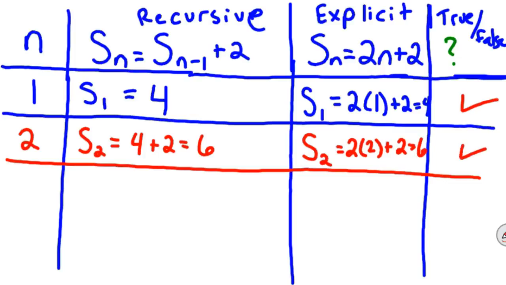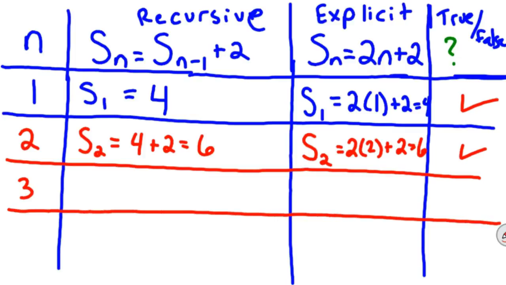And so it's true. The recursive and the explicit agree. And if we go to 3, this will be the last one I do. S sub 3 equals your previous term, which is 6, plus 2. Again, that's 8.